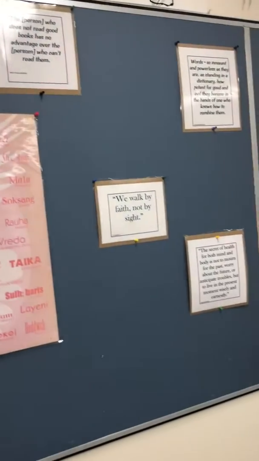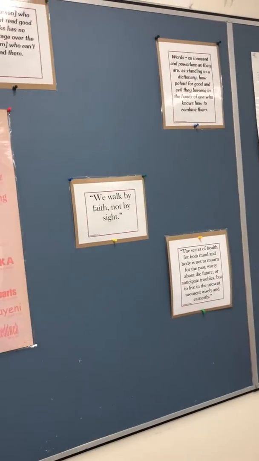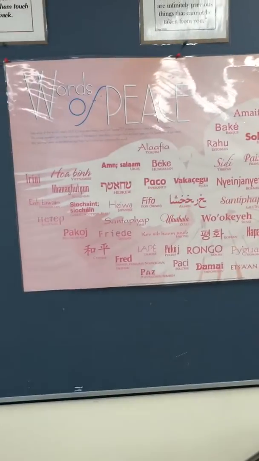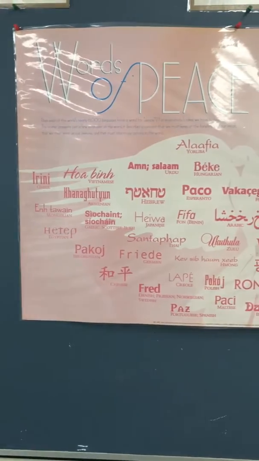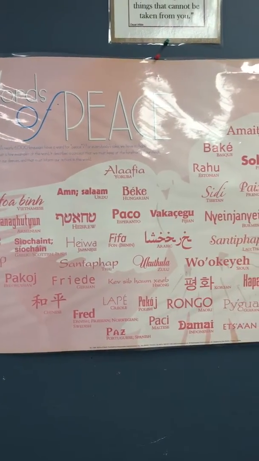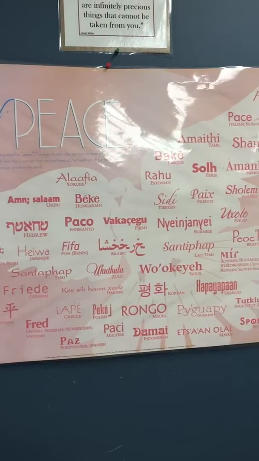Moving on, I always have surrounding my classroom a bunch of quotations that offer different perspectives and skills with regards to varied abilities. This is my big poster of mine, Words of Peace, but it has, there are nearly 6,000 languages that have a word for peace across the world.